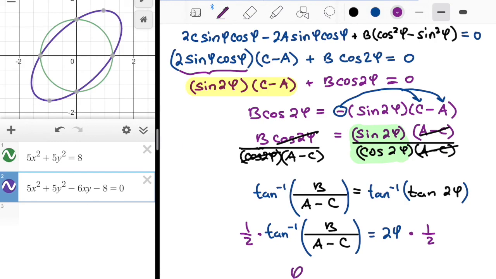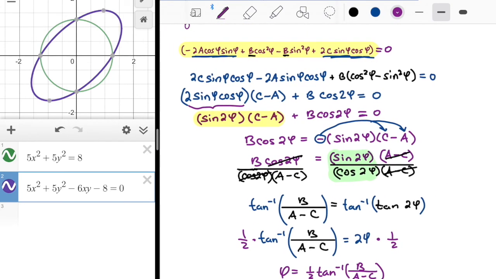So we'd be looking at phi is equal to 1/2 inverse tangent of B over A minus C.